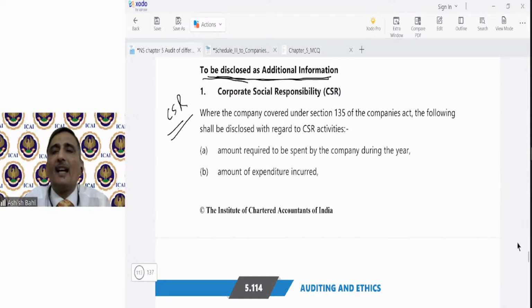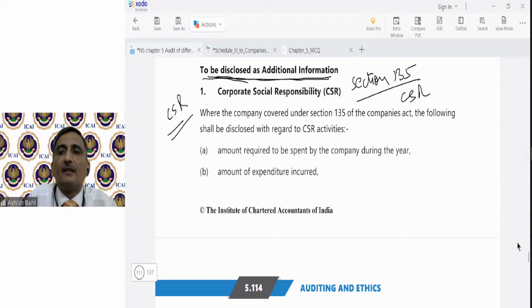Yes, students, you have done it in your company law classes, section 135. CSR provisions. Yes. So Divya Kumari, you are writing that you have still not done it. So obviously you will be doing it in a short time, Divya.